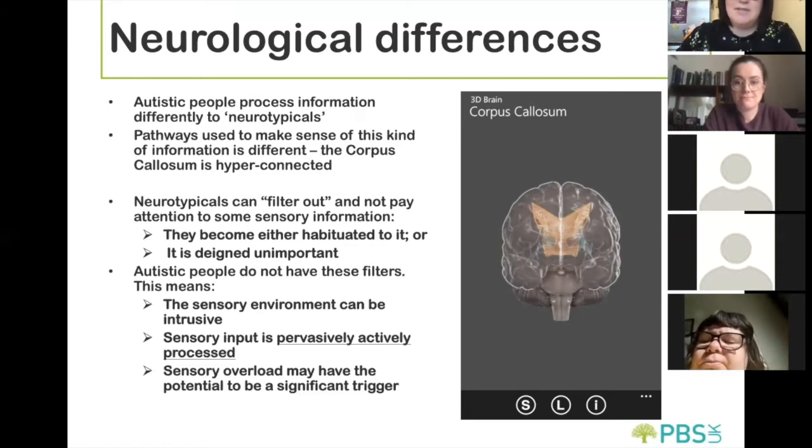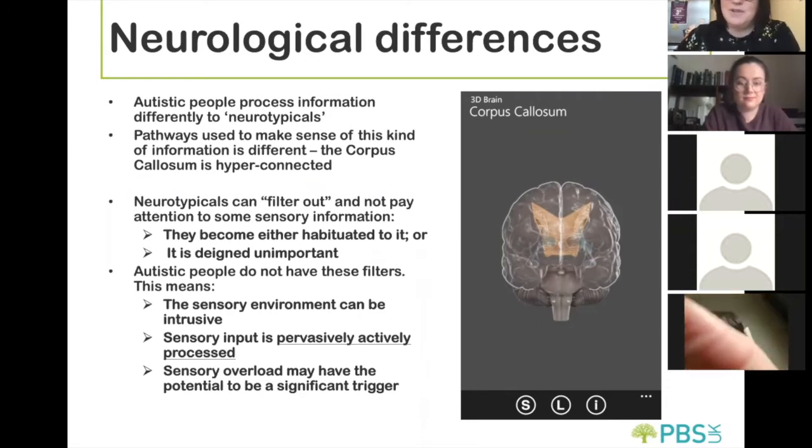Some work's been carried out looking at brain scans in relation to sensory information. And it's been found that there are some differences in this part of the brain called the corpus callosum. I'm not sure if I'm even saying that correctly, but there's some evidence of hyperconnectivity in that part of the brain that may be accounting for some of the sensory overstimulation that people might experience.